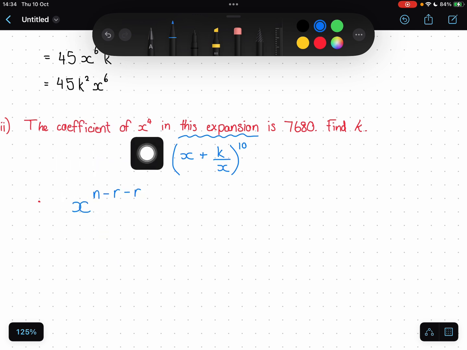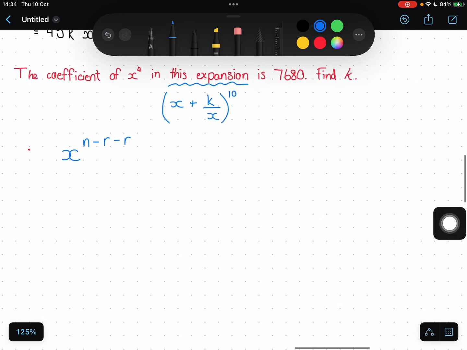So here it's the coefficient of x to the power of 4. So we need to look at when do we get x to the power of 4. So when is n minus 2r equal to 4? This is what we need to think about.